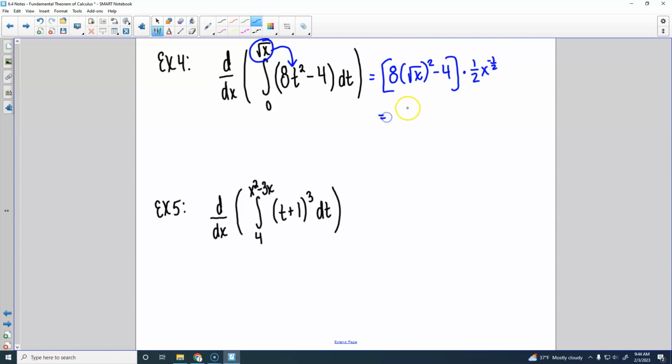So this ends up being 8x minus 4, and this is 1 over 2 root x. I would make that 8x minus 4 over 2 root x, and they would probably reduce that and make it 4x minus 2 over the square root of x for that.